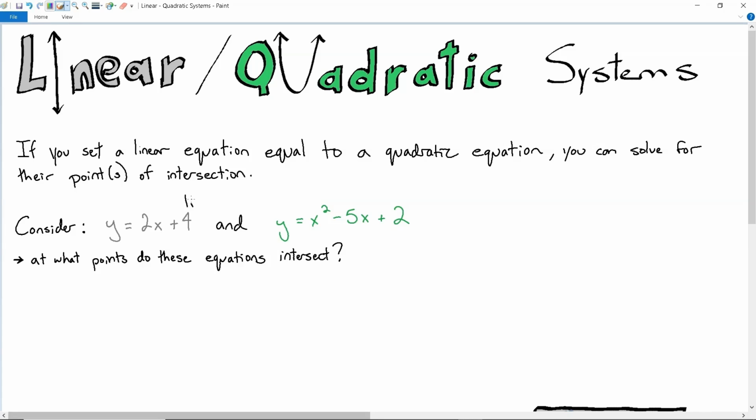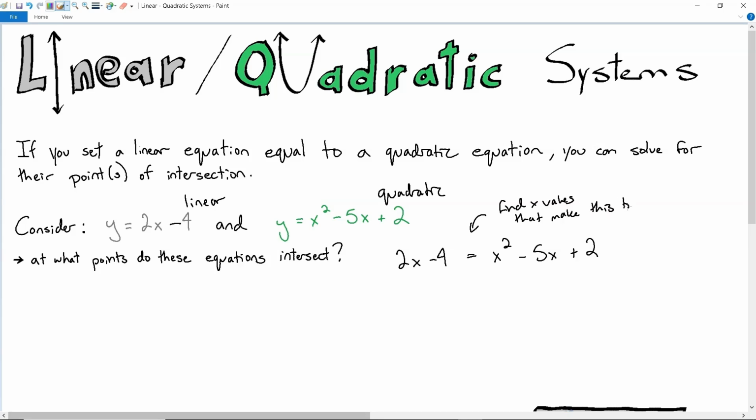So here I have a linear equation and a quadratic. So if I set them equal to each other, and actually this should be a minus, so let me fix that there. Okay. If I set them equal to each other, what I need to do now is I need to find the x values that make this true, right?